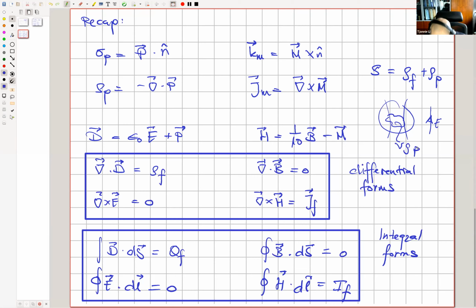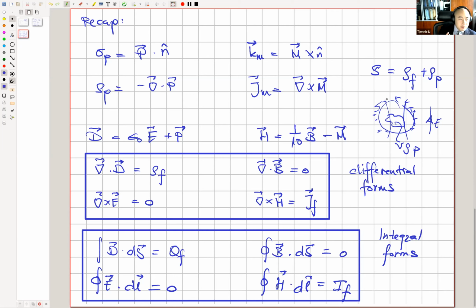Of course, this conducting sphere itself could have been charged, right? And so that's the separation between free charge, which is something that you've actually put into the system, versus this polarization charge, which only exists because you've introduced an external field, and so you effectively get a polarization charge.